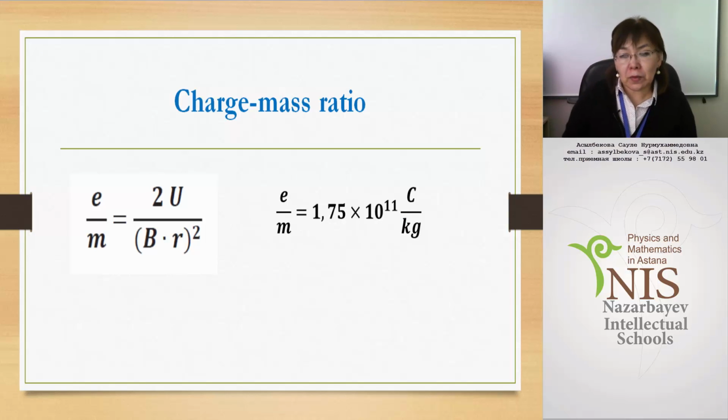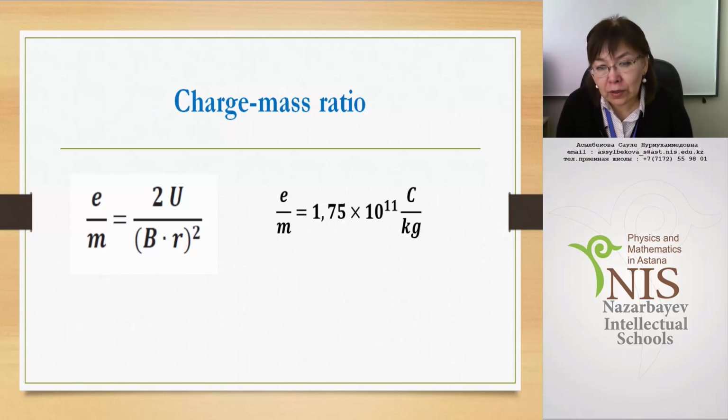In his experiment, Thomson got the next value. The ratio of the mass of the electron to the charge of the electron has been found in terms of the voltage applied to the deflection plates and the value of the magnetic field produced by magnetic coils.